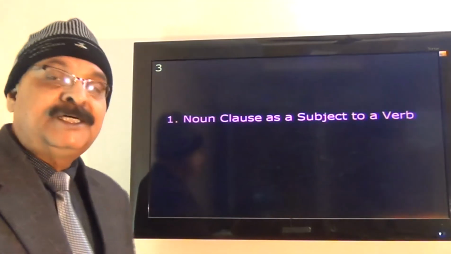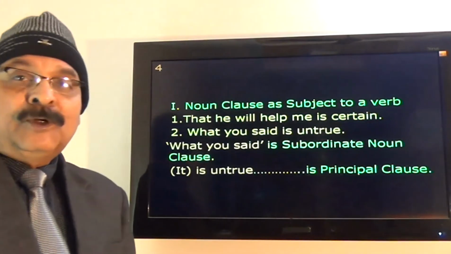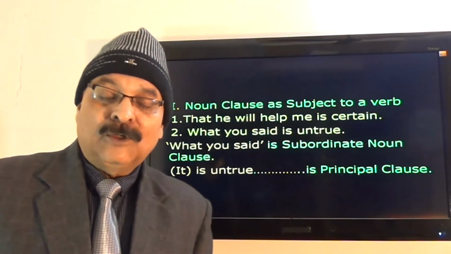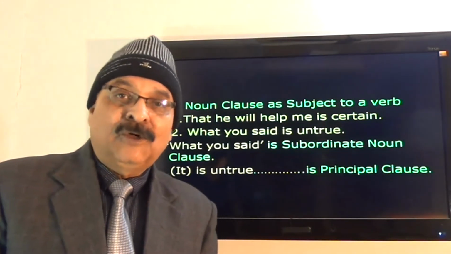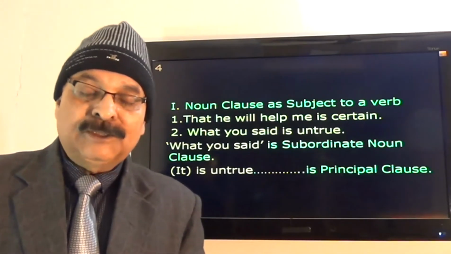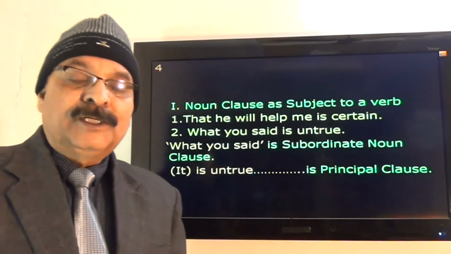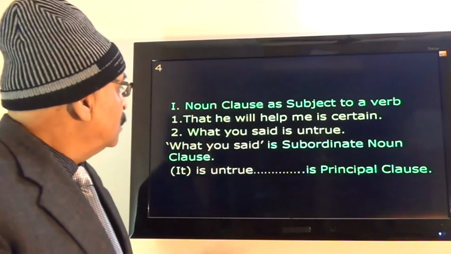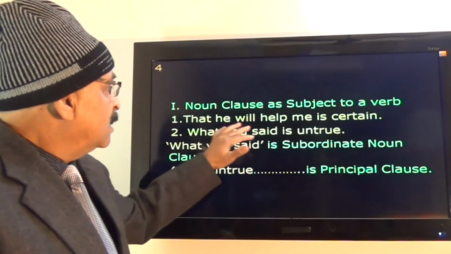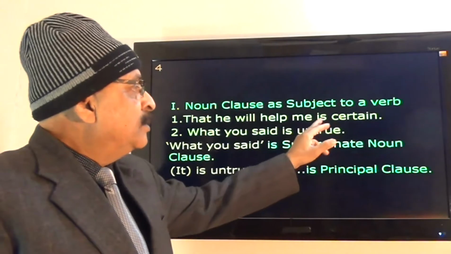Let's take the first type, noun clause as a subject of a verb. In this type of clause, the noun clause is the subject of some verb in the main clause. The main verb is there and it is the subject to that verb. So let's see the example. That he will help me is certain, and is the main verb here.